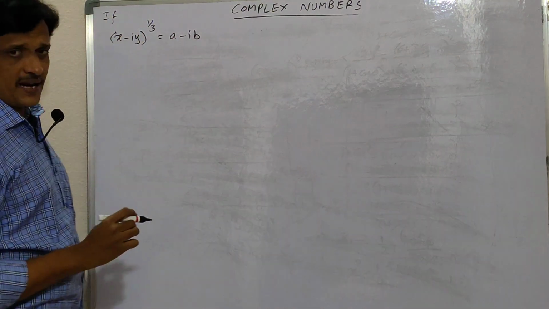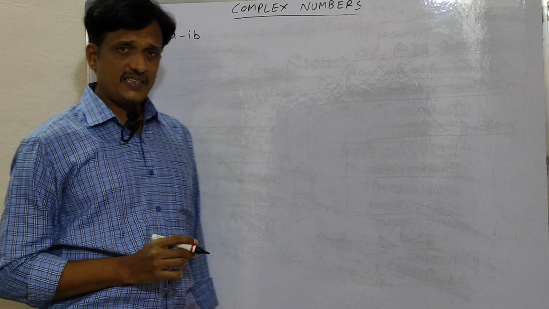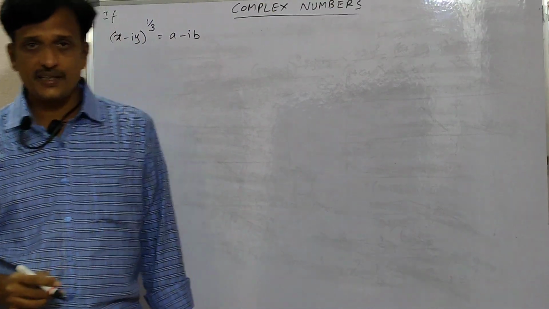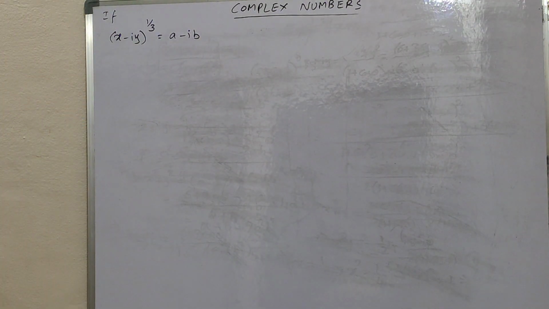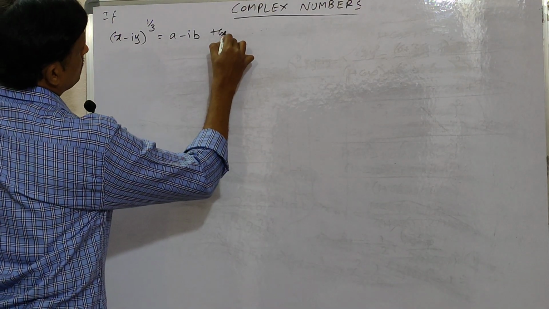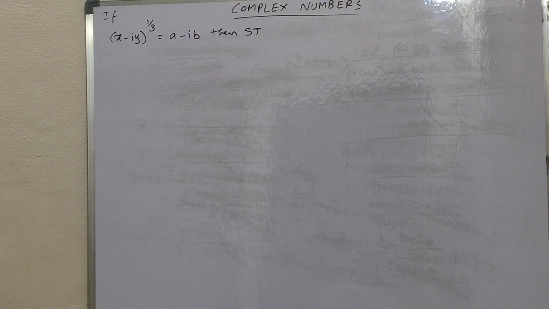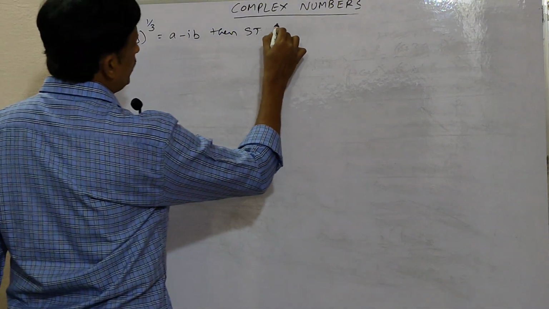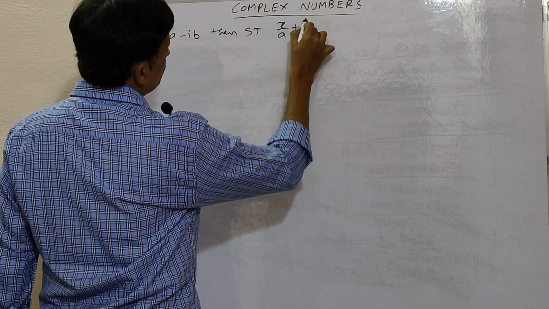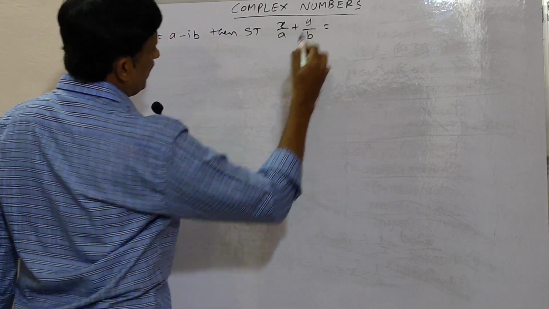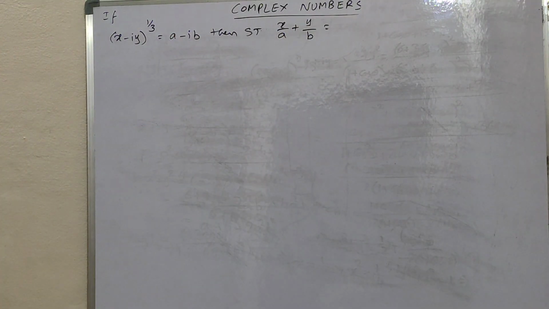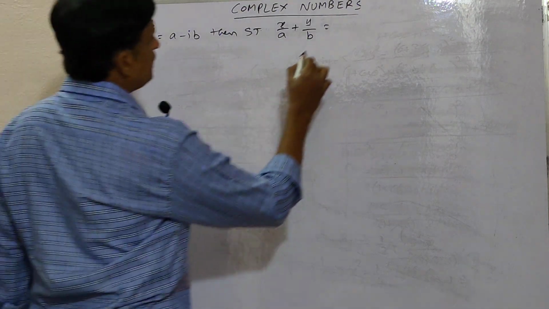If x minus iy whole power 1 by 3 is equal to a minus ib, then we have to show that x by a plus y by b is equal to 4 into a square minus b square.